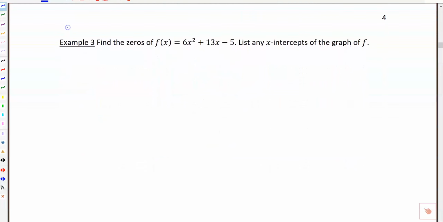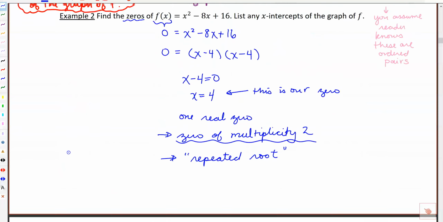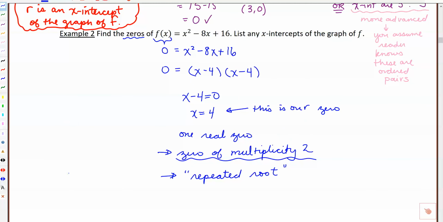So for example 3, we're going to find the zeros of f of x is equal to 6x squared plus 13x minus 5, and list any x-intercepts of the graph of f. And I'm looking at that listing any x-intercepts, and I'm thinking we didn't do that back on this one. So let's go ahead and finish that. So listing x-intercepts of the graph of f.